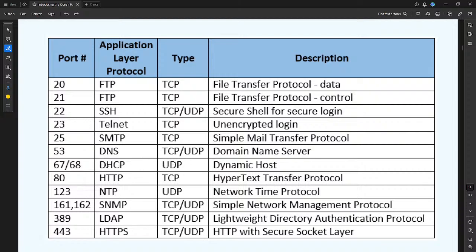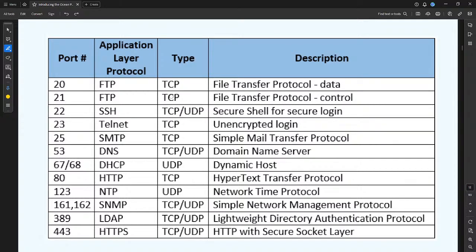We also have the Dynamic Host Configuration Protocol, which is ports 67 and 68. We have HTTP, the Hypertext Transfer Protocol, and of course the secure channel is HTTPS, port 443, and you can see their different types. For FTP, it's the Transmission Control Protocol. The UDP you see here is known as User Datagram Protocol.